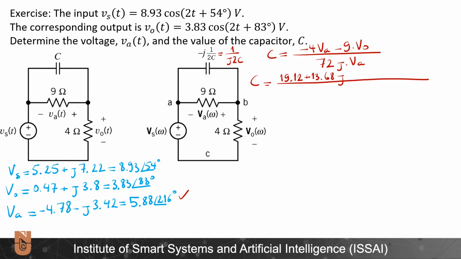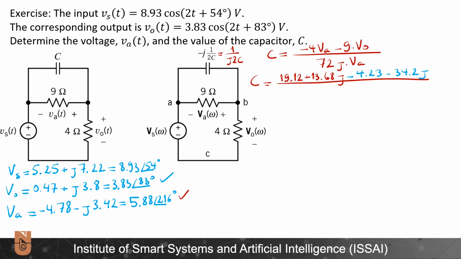Then I have minus 9V0. I will write it with different colors such that I don't get confused. V0 is given here, so I will have 4.23 minus 34.2j. And then for the bottom part, I will have 72 times j times VA.